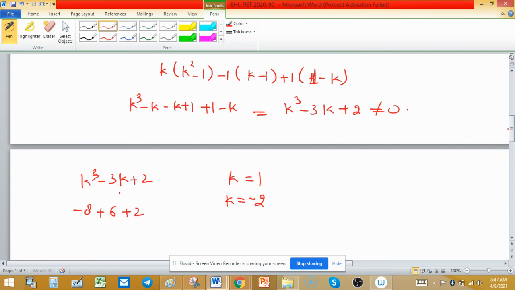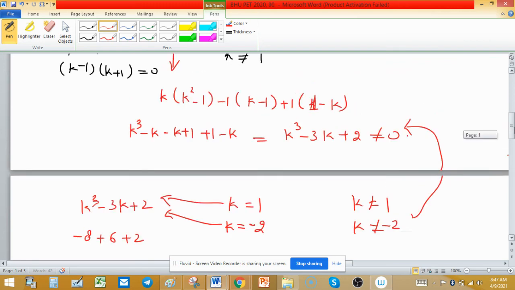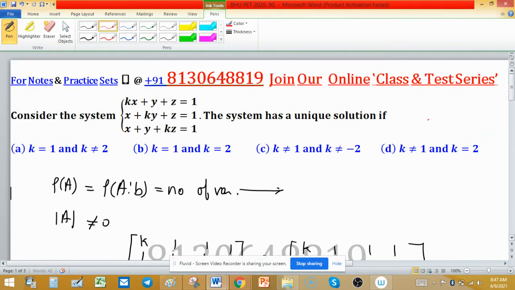So k equal to minus 2 satisfies this one, and k equal to 1 is also satisfying this one. It means k not equal to 1 and k not equal to minus 2 make the determinant not equal to 0. Now we have two conditions on k, meaning k should not equal minus 2, so option C is correct.